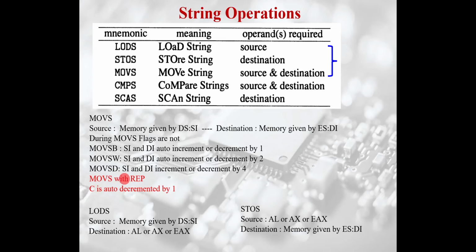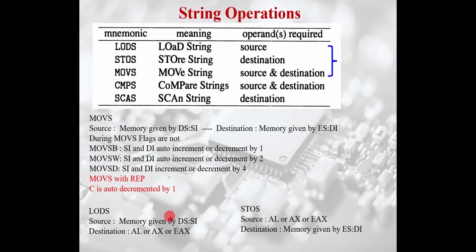Once the move operation is completed and SI and DI are either incremented or decremented, then CX is automatically decremented, and it will repeat, because both the source and the destination addresses are being auto incremented or decremented. It will continue till CX is brought to 0. So we can do a bulk transfer. These things, along with an example, I had explained in the last class.